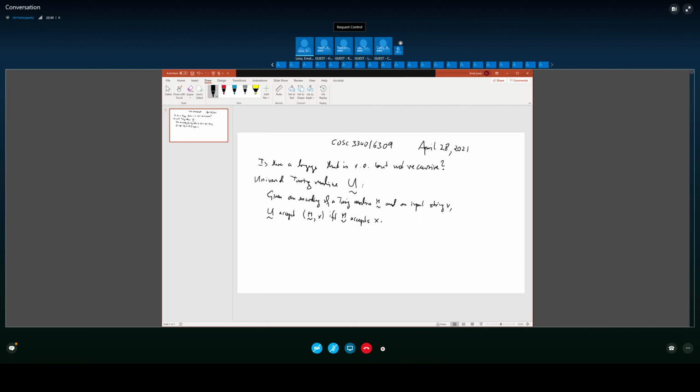So basically, you have here your universal Turing machine, and you have essentially two inputs, an encoding of a Turing machine M, and a string X. What can we expect that Turing machine U to say?